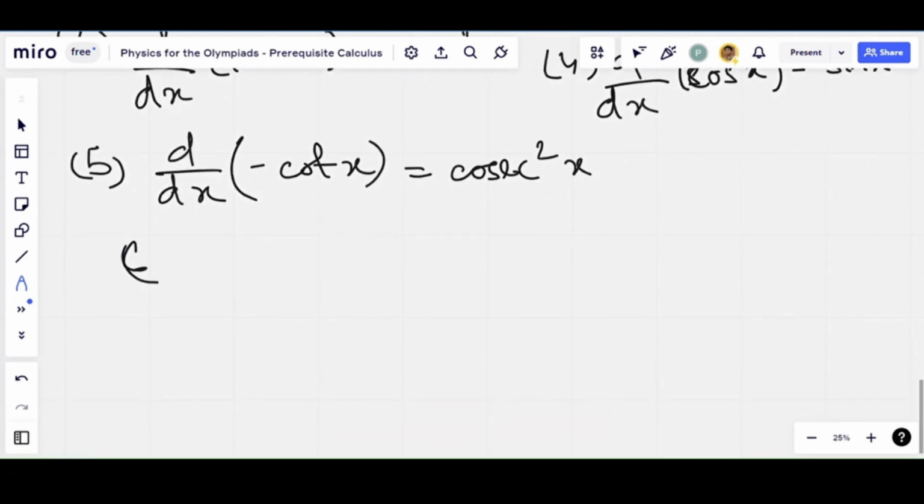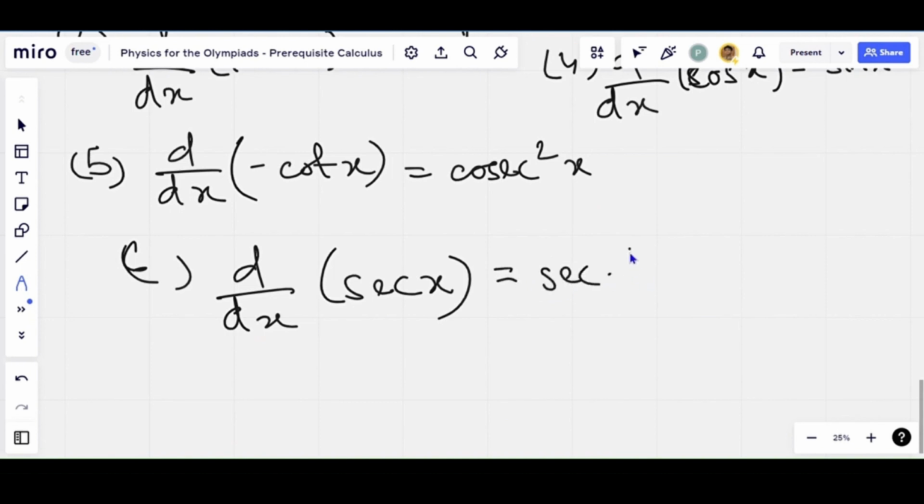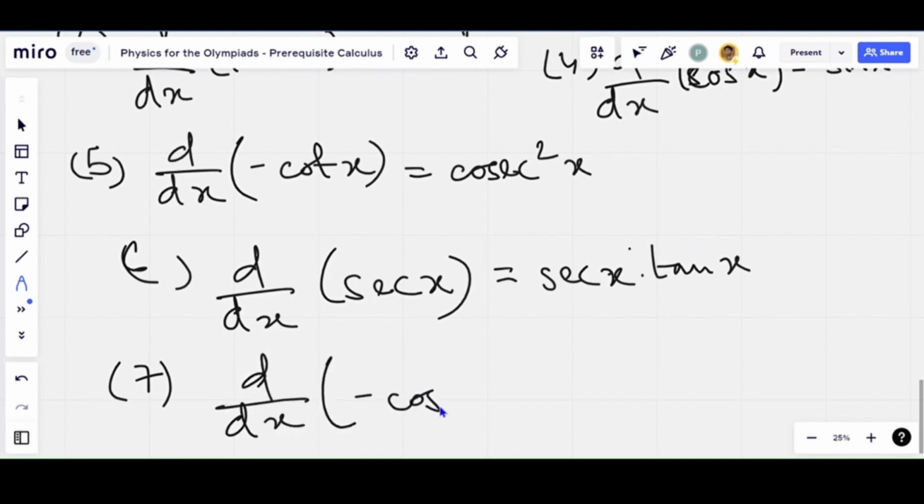Another one is d by dx of sec x equal to sec x into tan x. And the last one, d by dx of cosec x is equal to minus cosec x into cot x.